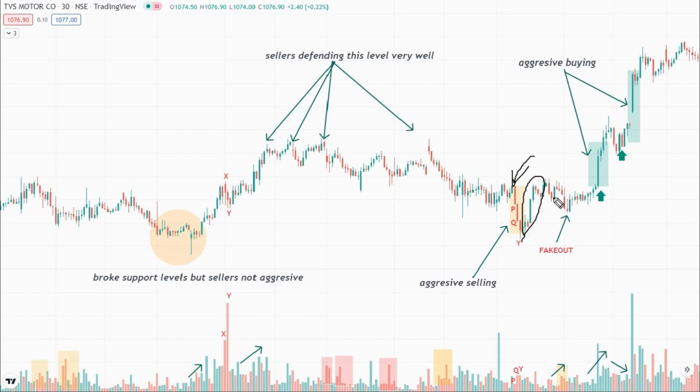Okay, then again sellers tried to defend this level and push the prices towards the downside. But what happened? Volumes have increased, but there is a divergence between the price and volume relationship, which is again a bullish sign.